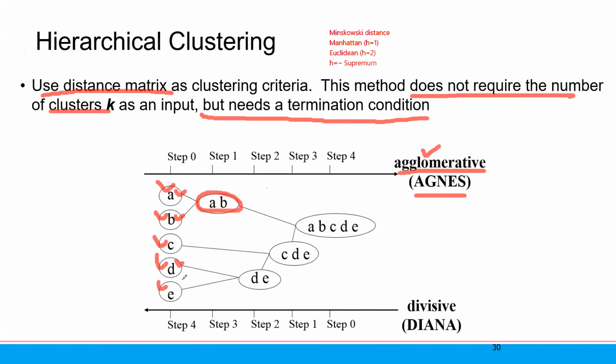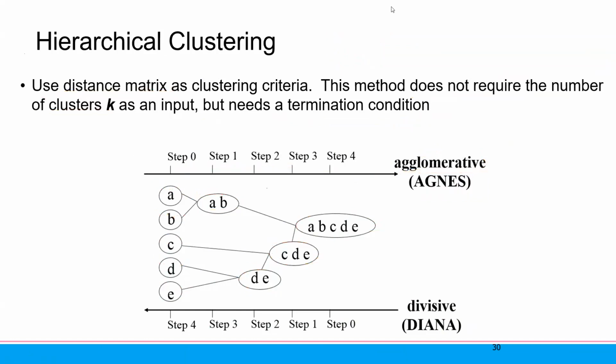I can see this one is the smallest distance, so I will use this one. And then I check this one and C is the smallest distance, so I can group this one. And then the next step is to group all of them. So we call this from step 0 until step 4, from the individual data into the group, and it is the agglomerative.